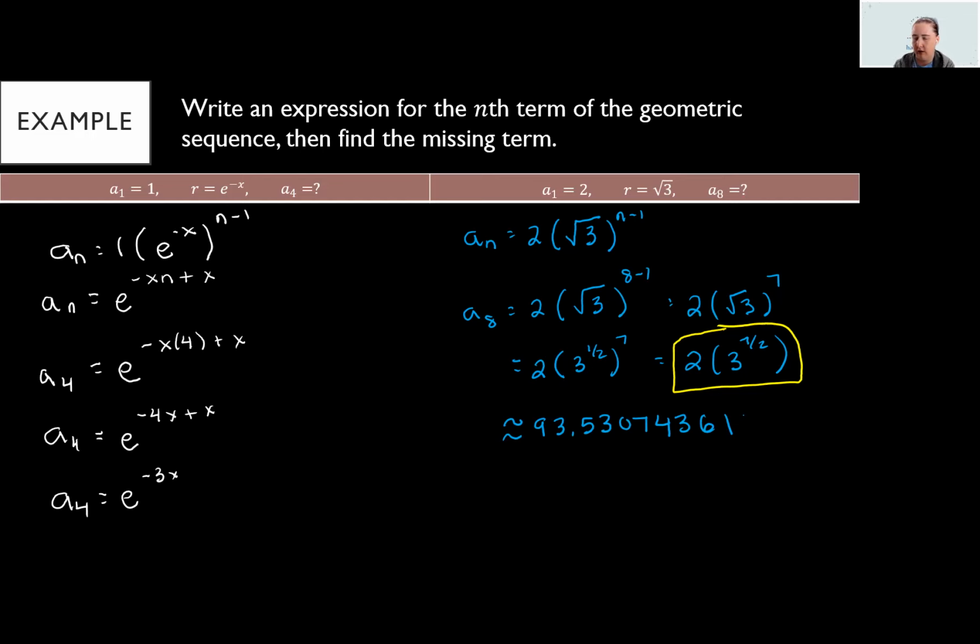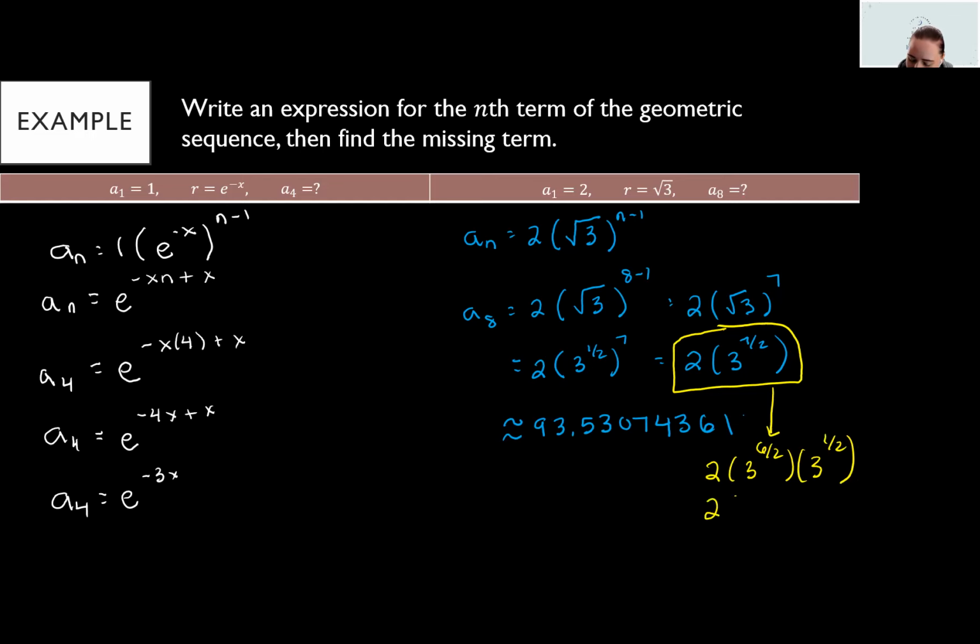I suppose looking at this, actually, I could rewrite this as 2 times 3 to the 6 halves times 3 to the 1 half. This is getting some sneaky algebra here.